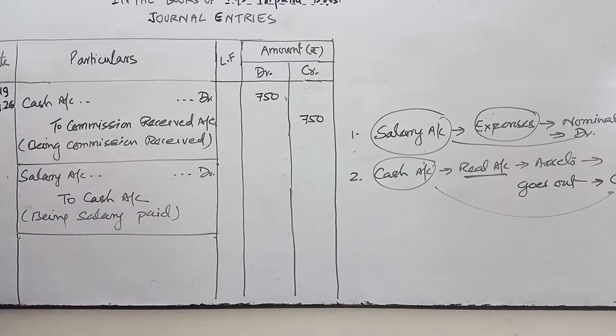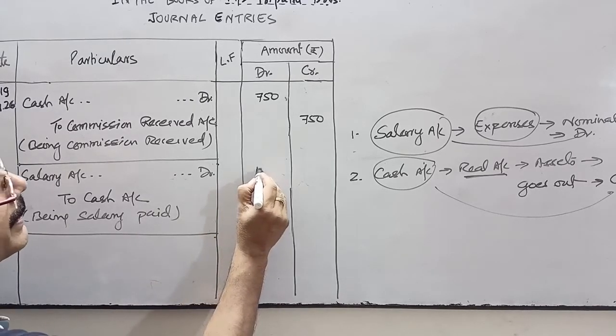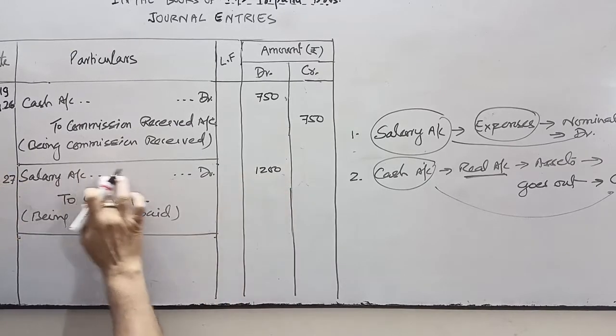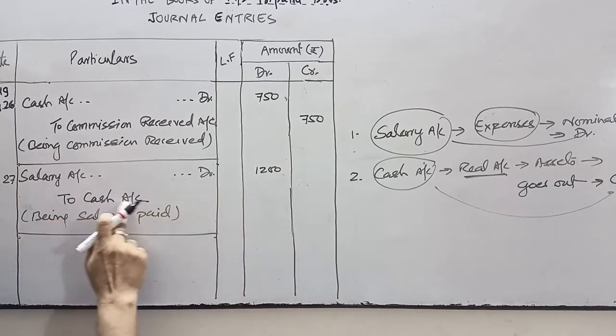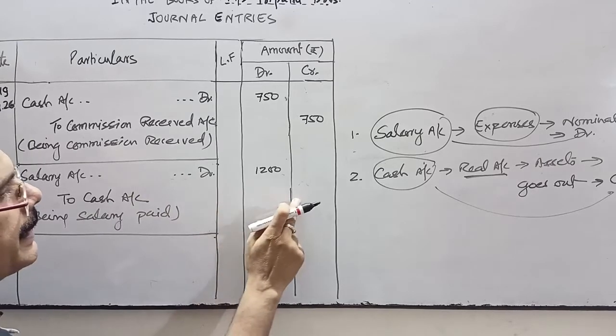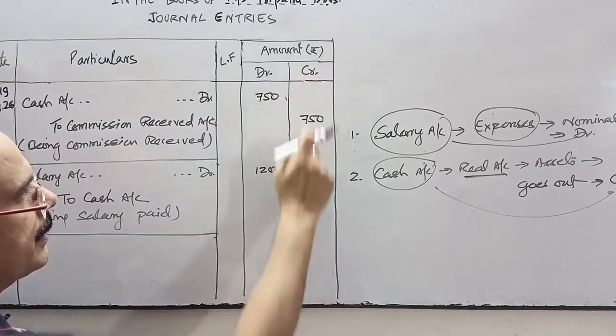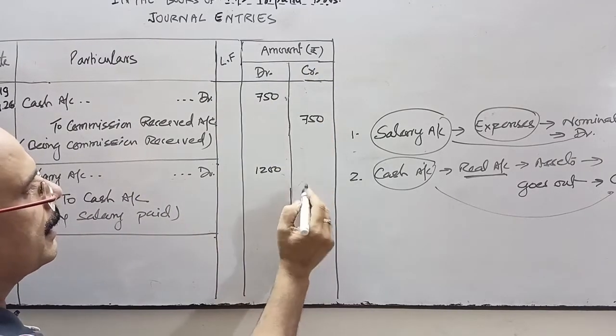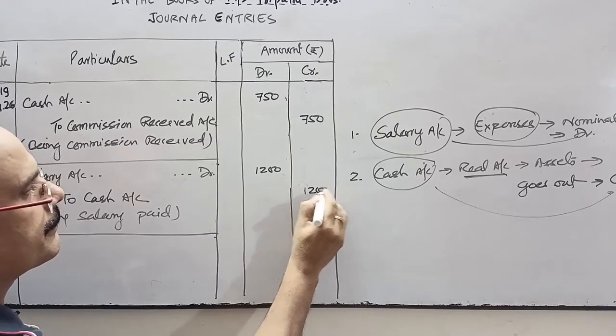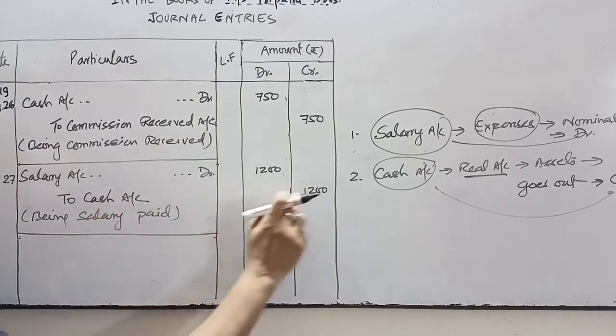Okay. The date is what? Date is when we paid the salary. The date is June 27, and the amount of the salary is 1200. So write 1200 in debit in front of salary, and cash is on credit. So in the credit column, here I will write 1200. Then it is right.